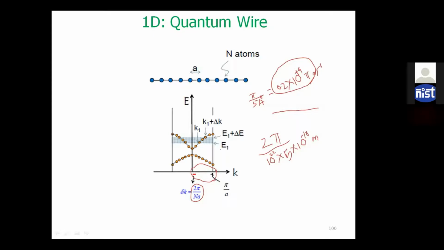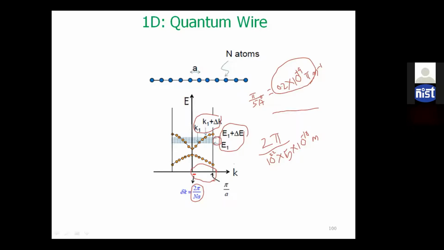We can find the number of states either by considering energy space or K space. In energy space, take a small zone between E1 and E1 plus delta E. The number of states within this zone gives the density of states.